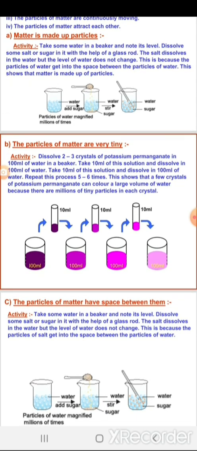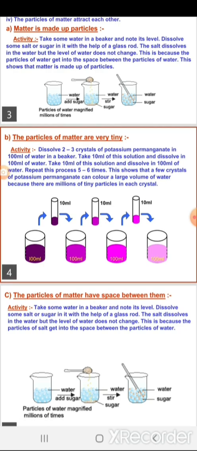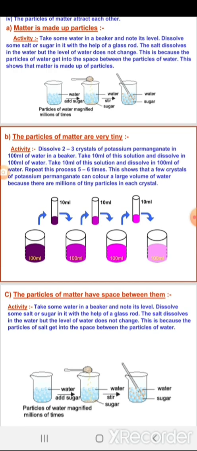The salt or sugar starts dissolving in the water, but the level of water does not change. This is because the particles of salt get into the space between the particles of water. This shows that matter is made up of particles.